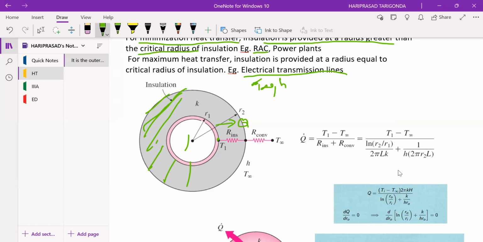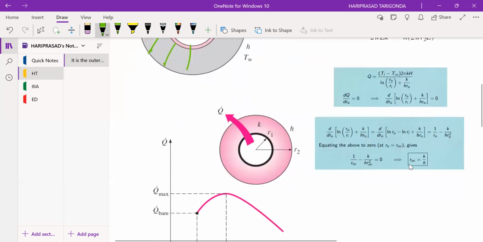Now take 2 pi KL common, and the equation simplifies to Q equal to (T1 minus T infinity) times 2 pi KL divided by [ln of R2 by R1 plus K by h R naught]. For maximum heat transfer rate, the denominator should be minimum.